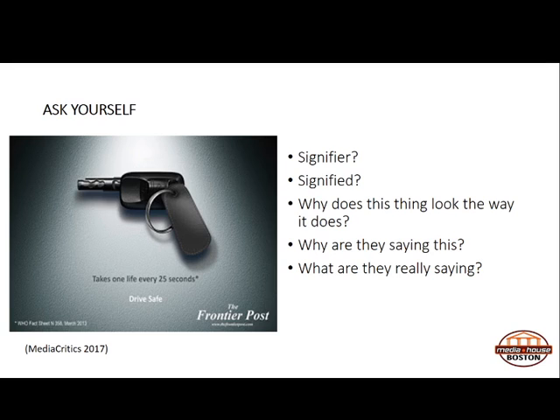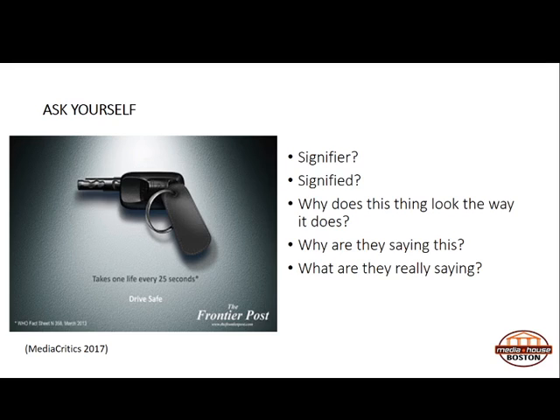Okay, but what takes more lives than guns? And that is cars. So these are the second and third elements which help us to explain or to relate what is going on with the signified in this element here. It says, takes one life every 25 seconds.